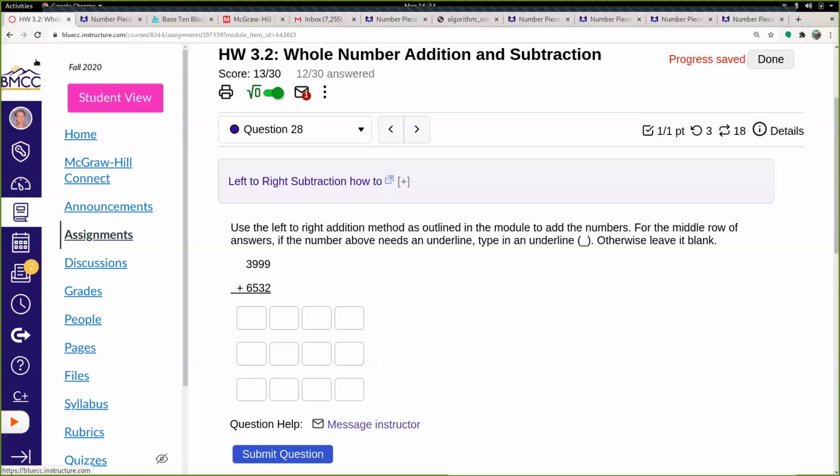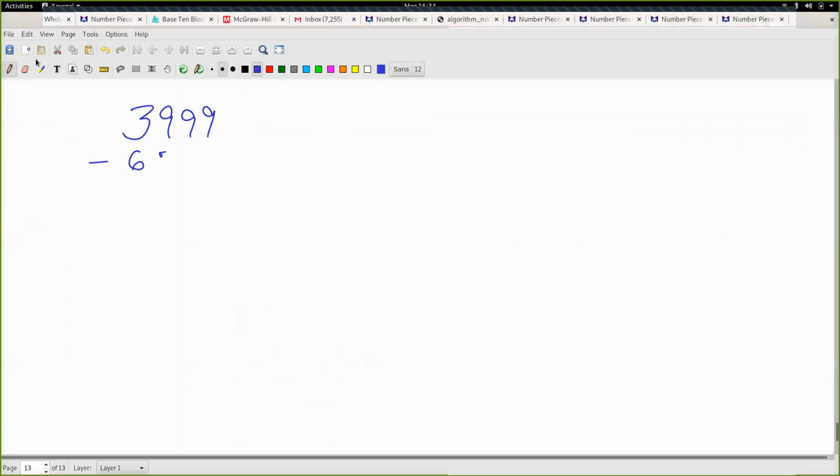Oh, plus, right, I'm doing plus. Why was I thinking subtract? Plus 6532, that makes more sense. So we're going to do this left to right, which is also called the Hindu method.